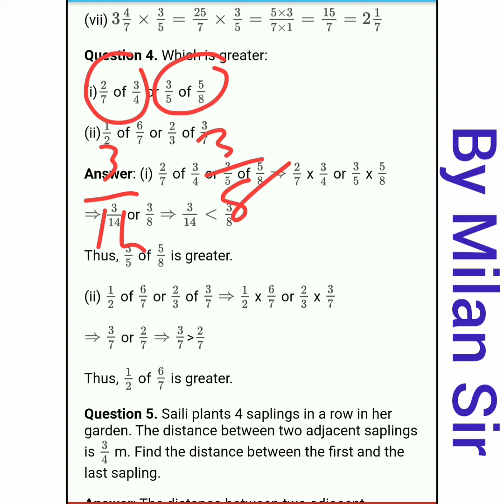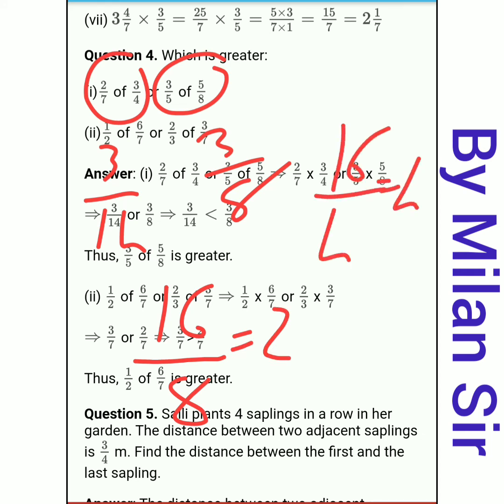So if we divide our numerator with greater number, then our answer is lesser. Right, if we divide the same number with a greater number, then our answer becomes less. That means, for example, 16 divided by 8, it is 2, and 16 divided by 4, it is 4.